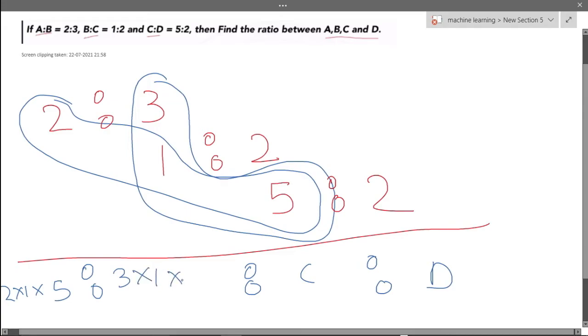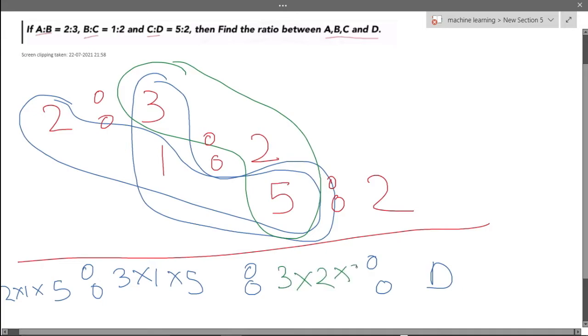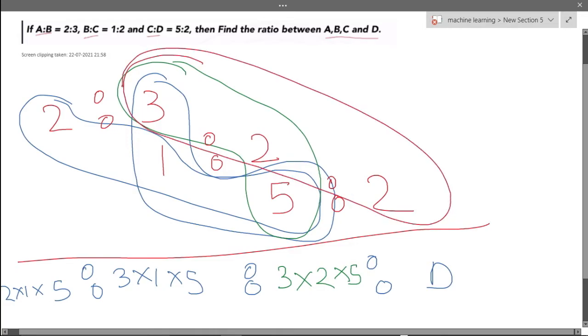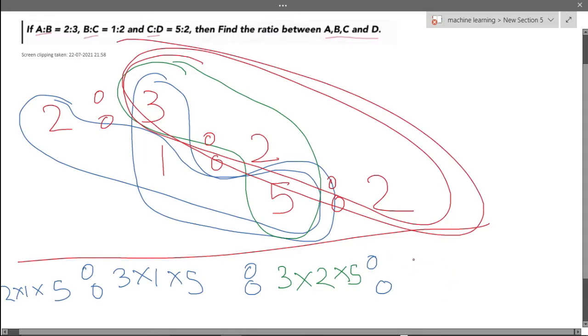To find the value of C, multiply 3 into 2 into 5. To find the value of D, multiply 3 into 2 into 2. So D is equal to 3 into 2 into 2.